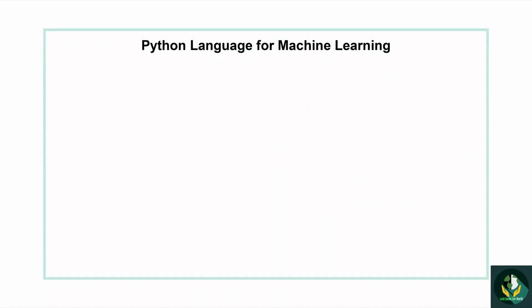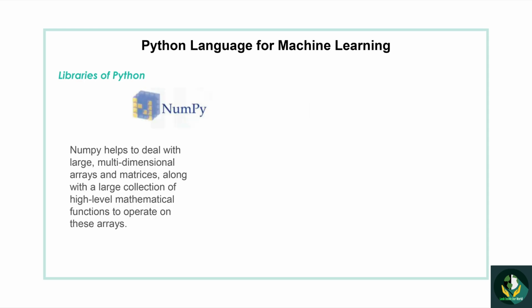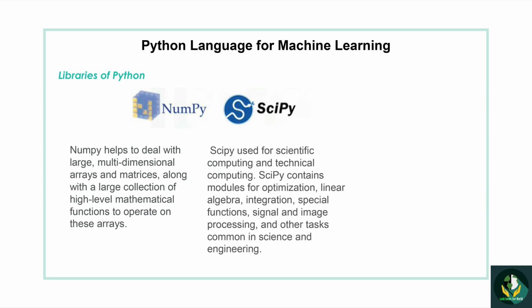Let's go ahead and see what kind of libraries we have. First, we have the NumPy library, which helps to deal with large multi-dimensional arrays and matrices along with a large collection of high-level mathematical functions that can be performed on these arrays. Second, we have SciPy, which is used for scientific and technical computing.